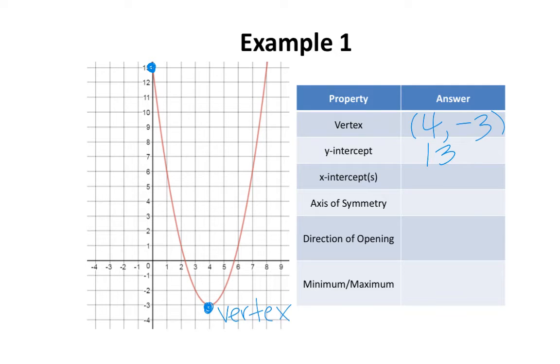There could be one x-intercept, there could be two x-intercepts, or there could be no x-intercepts. In this situation, we have two x-intercepts. Let me label that right over here. And I forgot to label the y-intercept, and I'm just going to do that right now.